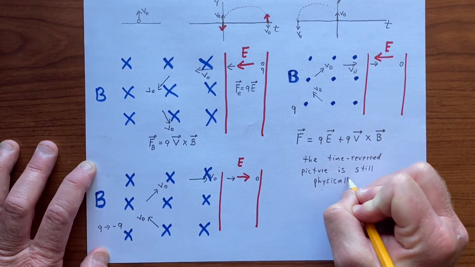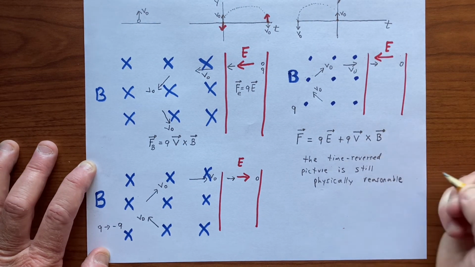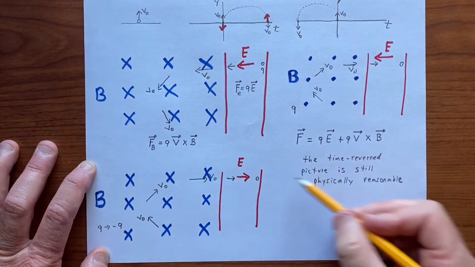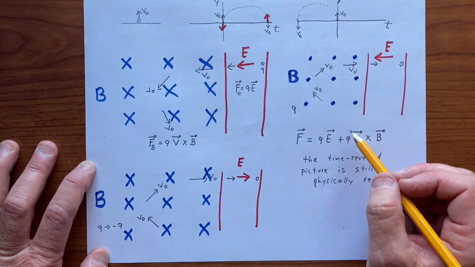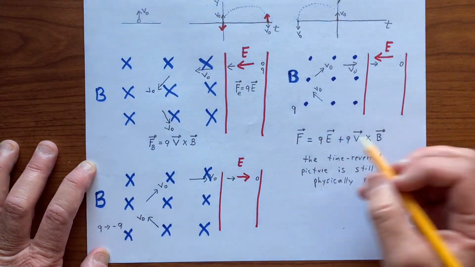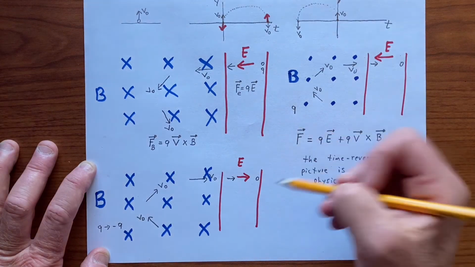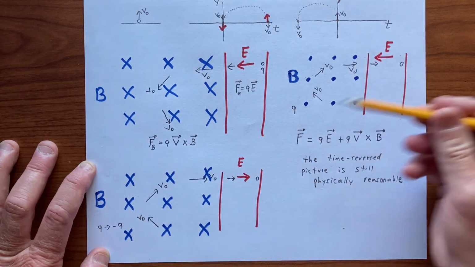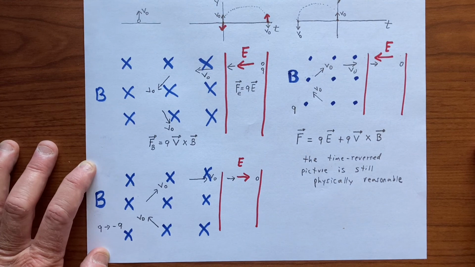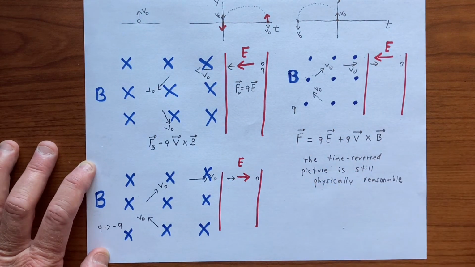So it's still physically reasonable, right? So at the fundamental level, the laws don't forbid this time reversed picture, whereas at the macroscopic level, we notice something very strange about changing the direction of time, making a movie of a reverse process. We can imagine many very strange processes that we don't observe. These time reverse processes we observe.